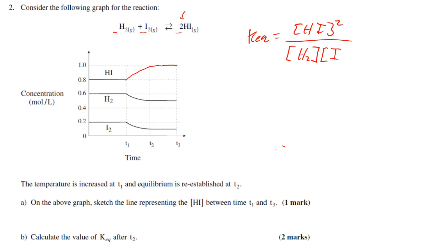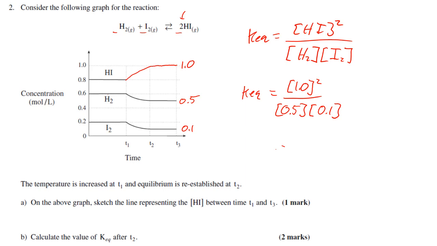There's no squaring right there because there's a coefficient of just 1 in front. So therefore KEQ equals our new values, 1.0, 0.5, 0.1. So this is going to be 1.0 squared over H2, which is 0.5, and I2, which is 0.1.